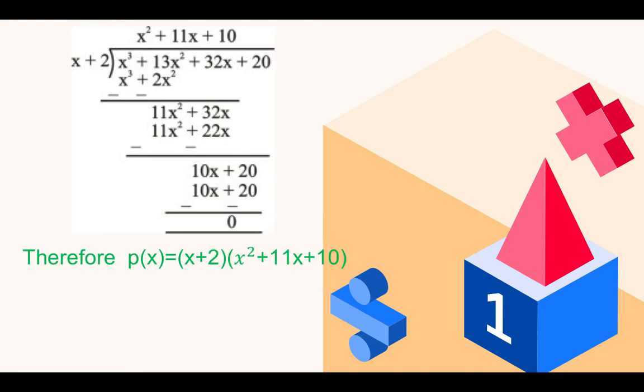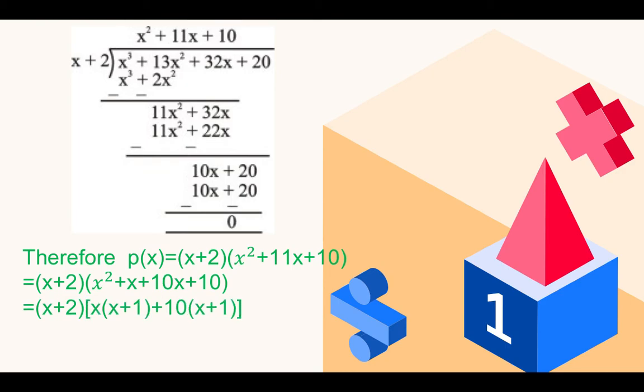So now what will I do? I will find the factors of the quadratic equation by splitting the middle term. I can write 11x as 10x plus x. I have split the middle term of the equation. Now I will take common, and these are the factors that I get: x plus 2, x plus 1 and x plus 10.